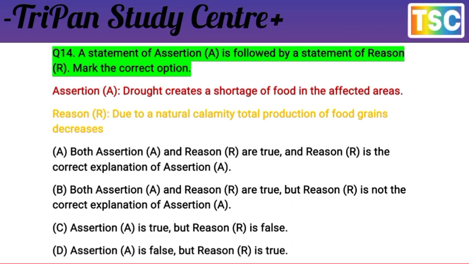Assertion A: Drought creates a shortage of food in the affected area. Reason R: Due to natural calamity, the total production of food grain decreases. The question is clear: drought creates a shortage of food in the affected area, and the reason is that due to natural calamity, total production of food grain decreases.